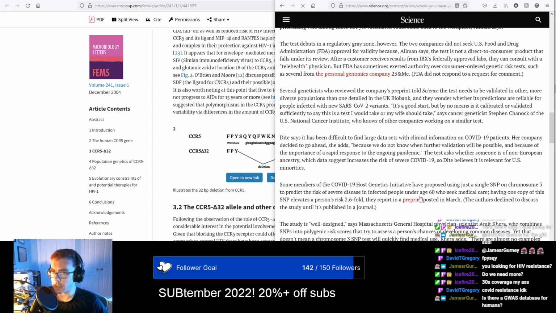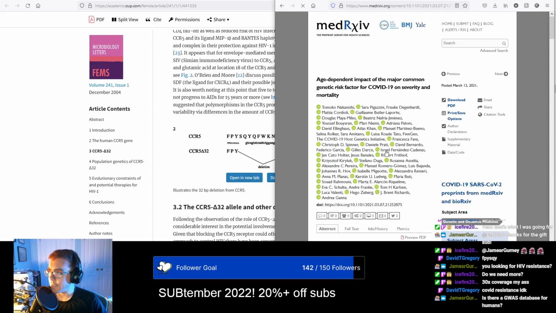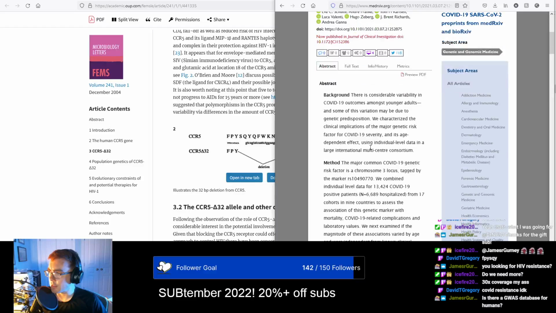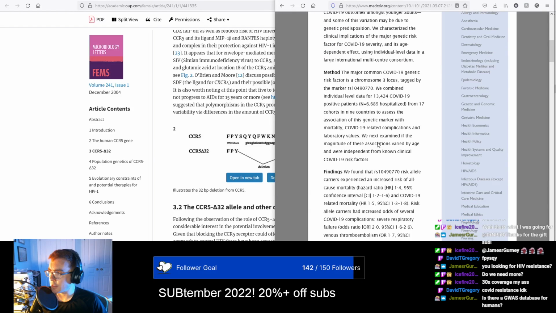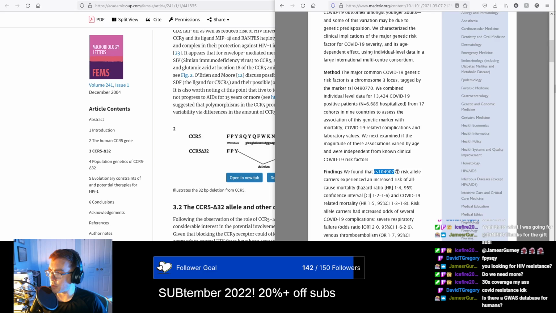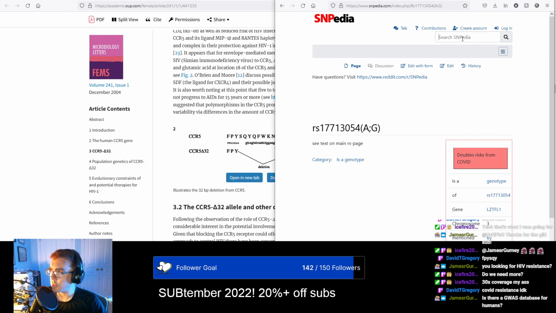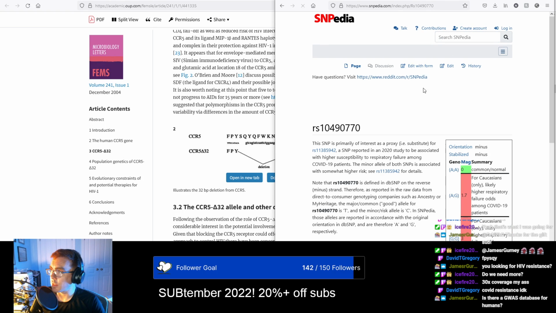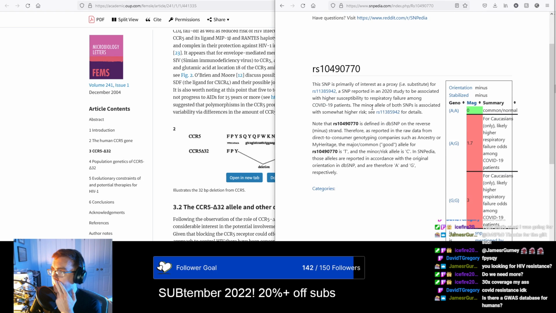Okay, this is a different RS number, so we will search this one. A higher susceptibility to respiratory failure.